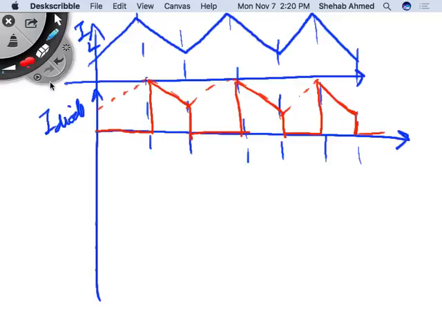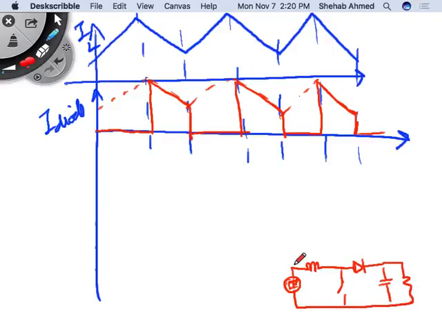And this is my circuit again for your reference. Right, this is the circuit again, and this is inductor current, and this is diode current.